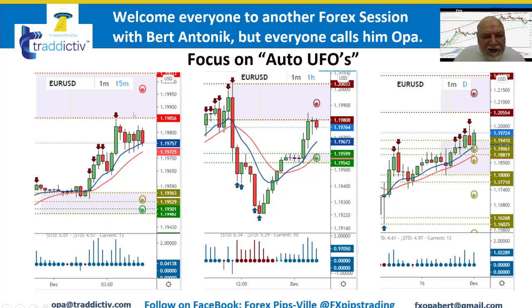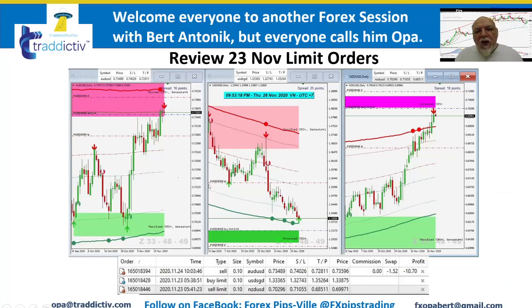So yes, the zone exists, but most of the overbought, oversold is going to be right there near that UFO.